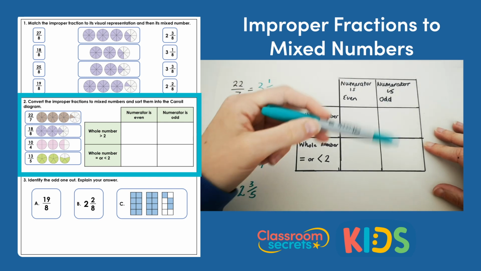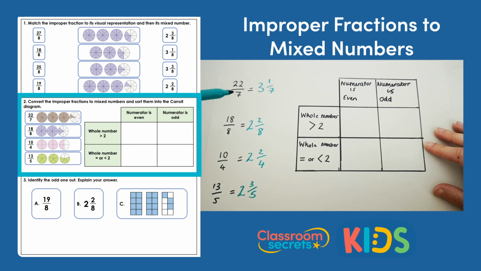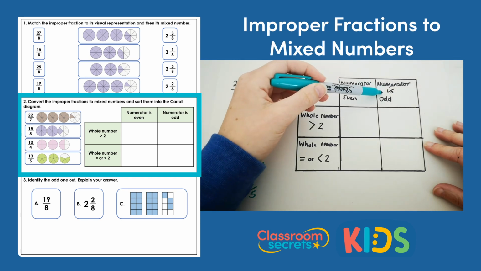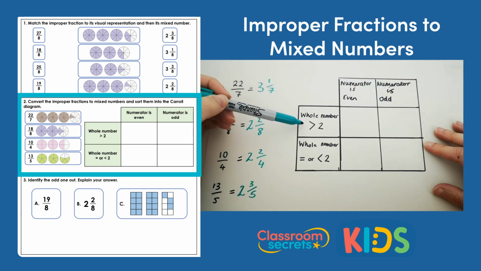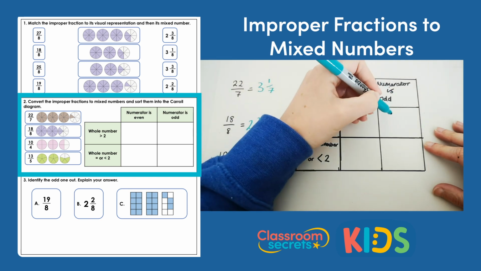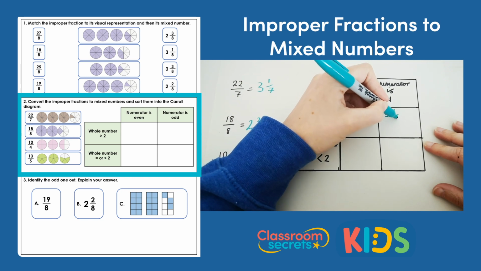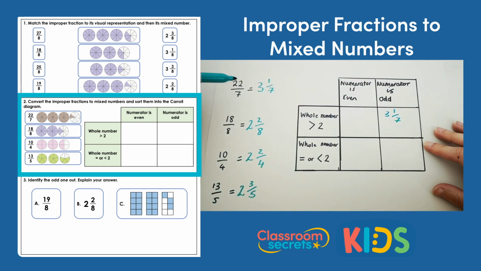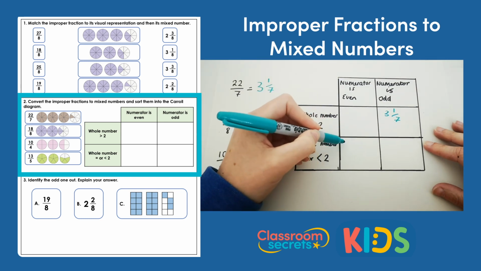So now we need to sort them into our Carroll diagram. 3 and 1/7 has a numerator that is odd and a whole number that is greater than 2. So 3 and 1/7 goes in this box. 2 and 2/8 I know has an even numerator and its whole number is equal to 2.